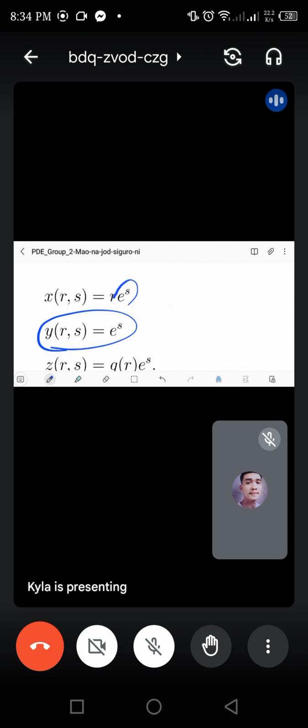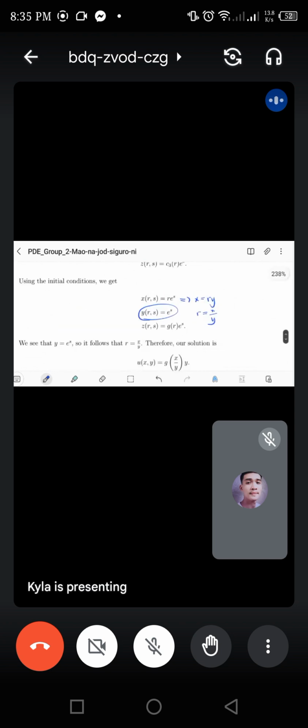So x equals ry. And then we are looking for the value of r, so divide both sides by y. Therefore, r is equal to x over y.